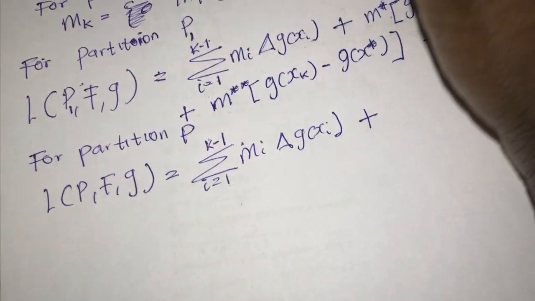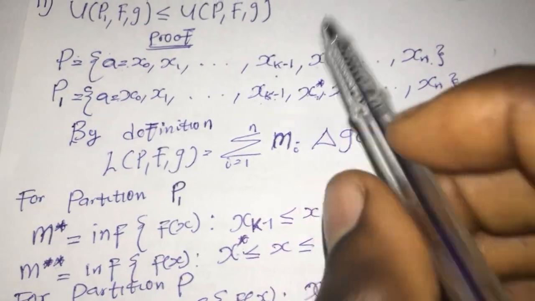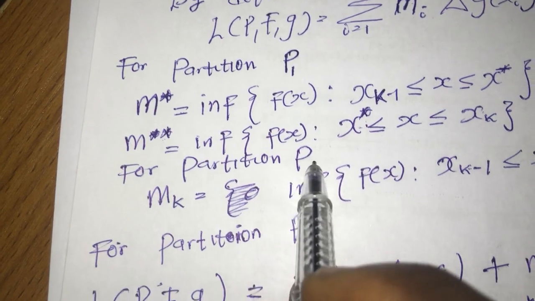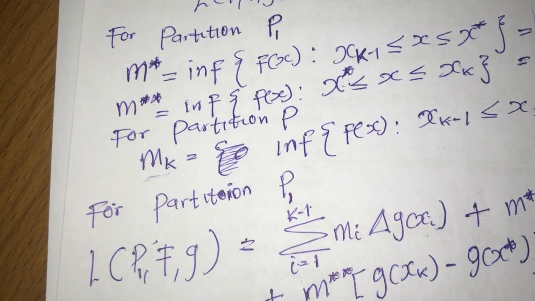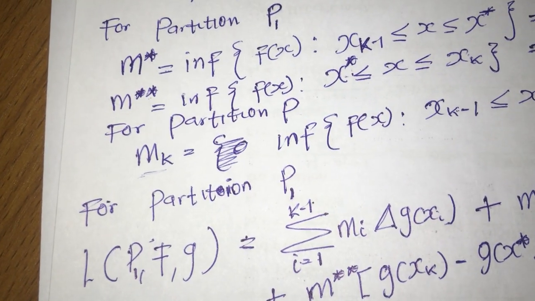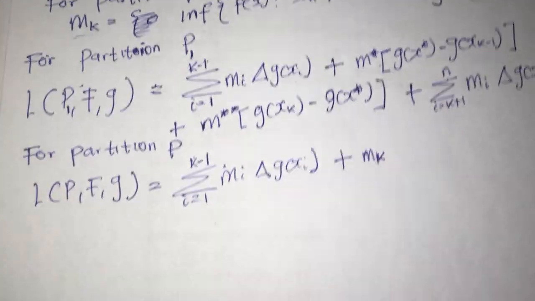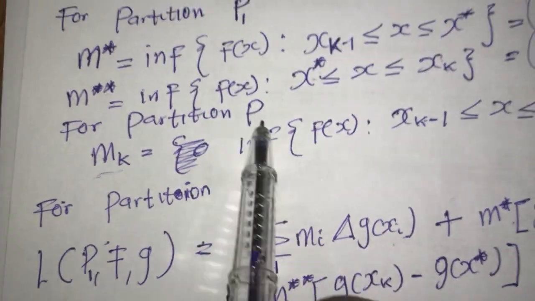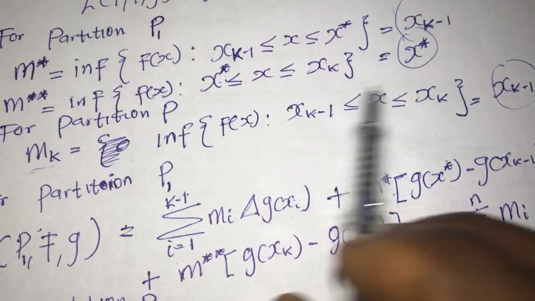Now plus, when we get to this region, from here we get to this region. So we already defined it for partition P now. We already defined it to be what? Mk. What we are doing is we are defining the lower Riemann-Stieltjes sum at every point. So here now you can see what is the interval for this? Sk minus 1 to sk.